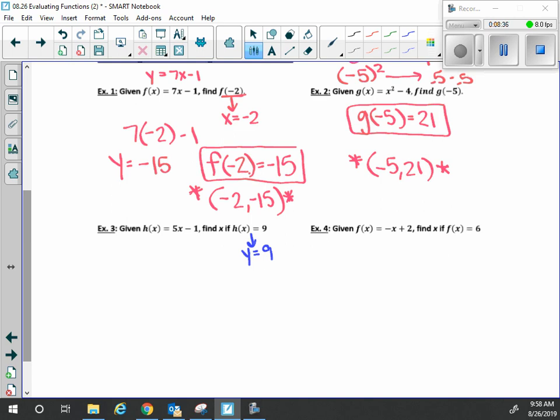What am I replacing? H of x, this whole piece, not x, because we're trying to find x, right? So this is 9 equals 5x minus 1. We're trying to find x. So what would x be in that scenario? 2. So what is my ordered pair? 2, 9.